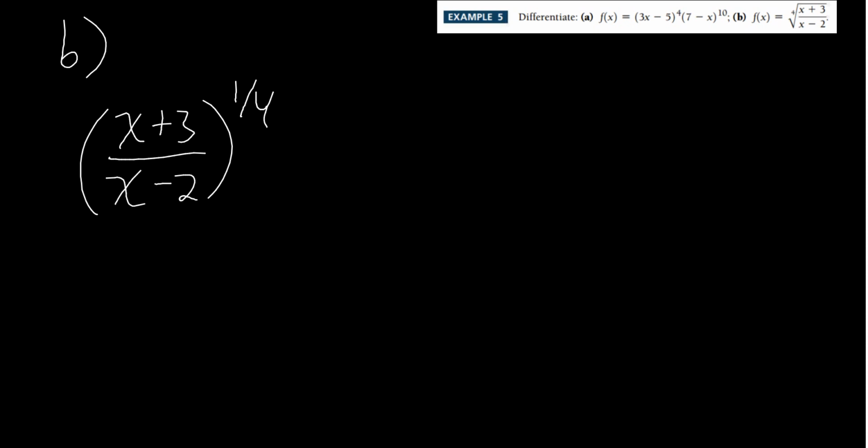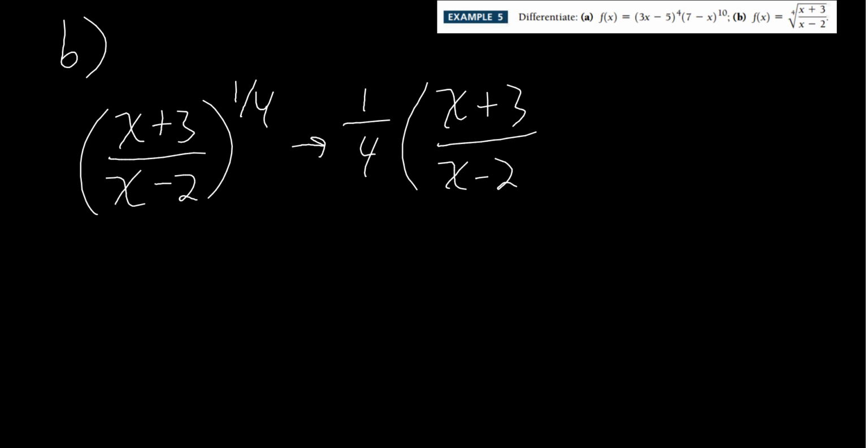because this is a fourth root up here. Okay, so beginning here, we can actually do the chain rule part first, right? So we're going to do the chain rule part first, so we can say 1/4 times x plus 3 over x minus 2, and then 1/4 minus 1 is going to be negative 3/4, so negative 3/4.